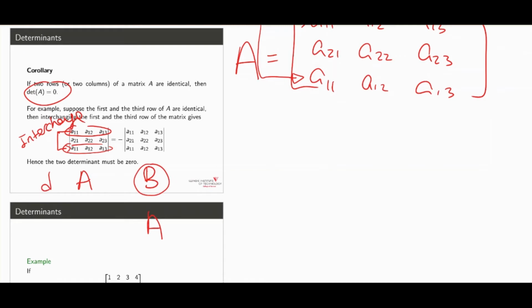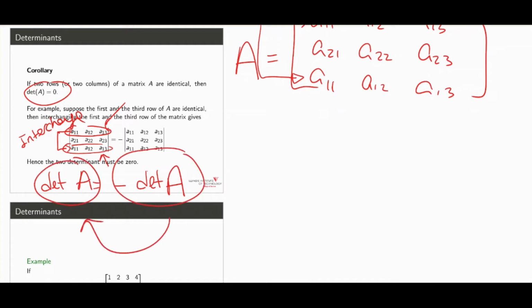If you compute the determinant, we know from the properties that the determinants will differ by a negative sign. So you will have the determinant of A equal to the negative determinant of B, but the B here is the matrix you obtain after interchanging the first row and the third row, so this one here is still A. So when you have the determinant of A equal to the negative determinant of A, you can move this across the equality sign, and you will have 2 times the determinant of A equal to 0.